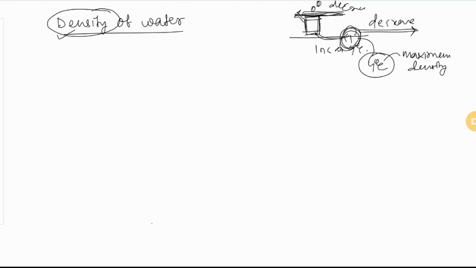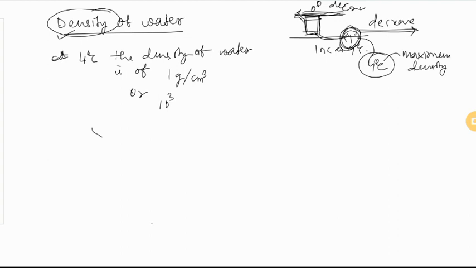Okay, so at 4 degree centigrade, the density of water is 1 gram per cm cube, or 10 to the power 3 kg per meter cube. This value is a standard and fixed value.